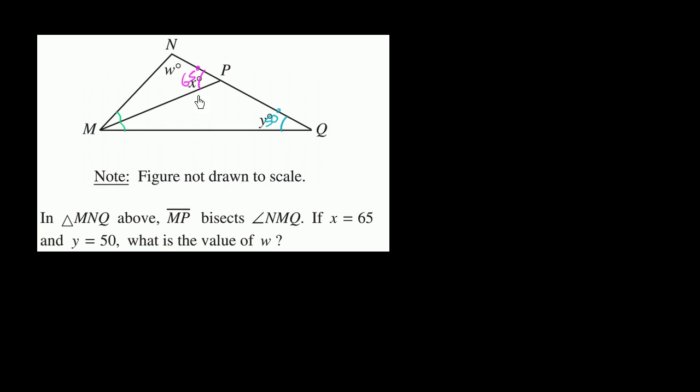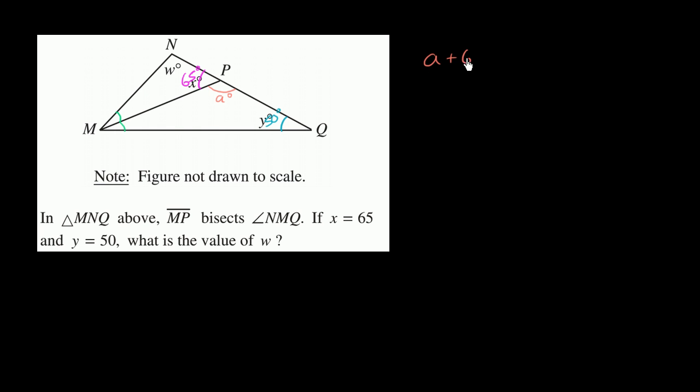So how do we figure this thing out? When you look at it, you see that this angle right over here is supplementary to the 65-degree angle. So this angle plus 65 is going to be equal to 180 degrees. Let's call that A degrees.